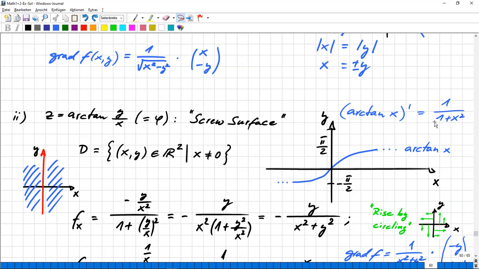So now the outer derivative of this term will be, by the scheme, 1 over 1 plus argument squared, where I put y over x in parentheses and then squared. So that's the first step. But again, like before, I must multiply the inner derivative, firstly for x.